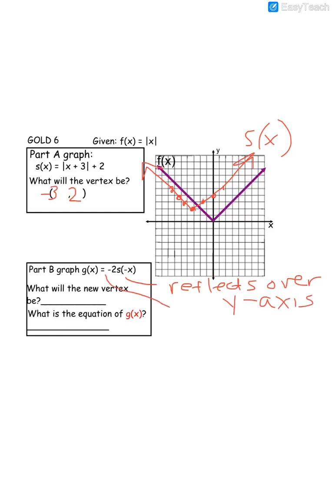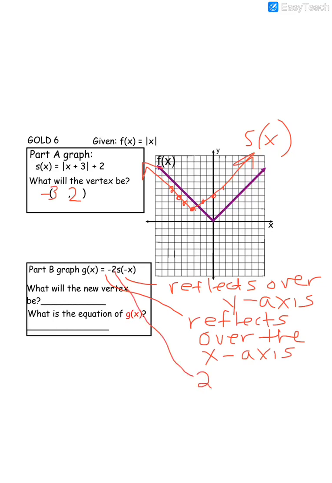This negative sign out here reflects over the x-axis. And the 2 means it gets narrower. So lots going on here.